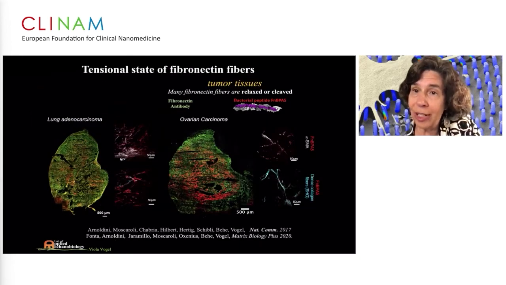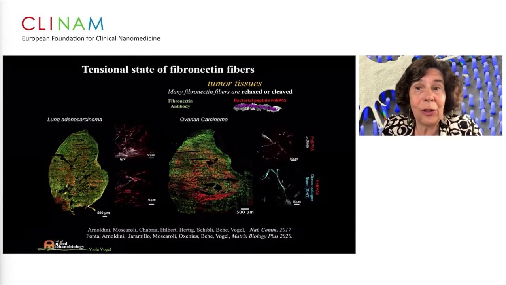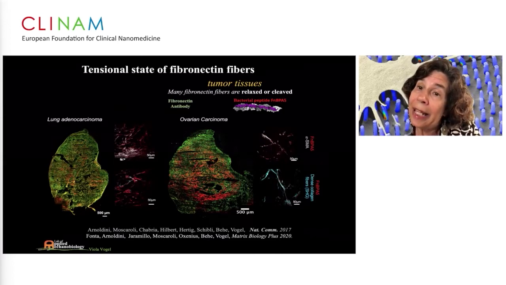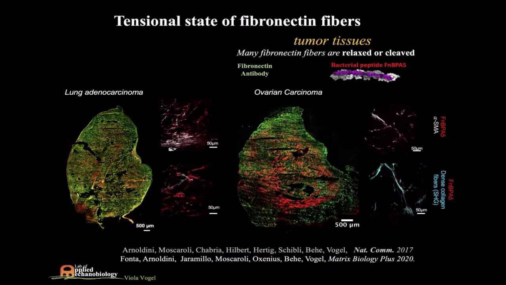In great contrast to that, here you see that tumor tissues stain heavily for the peptide. And that means, and this is against our thinking that was put forward in recent years, fibronectin fibers in tumor tissue are progressively more relaxed, either because of the presence of proteolytic enzymes, but also we see high correlations with myofibroblasts wherever we see that the peptides are binding.